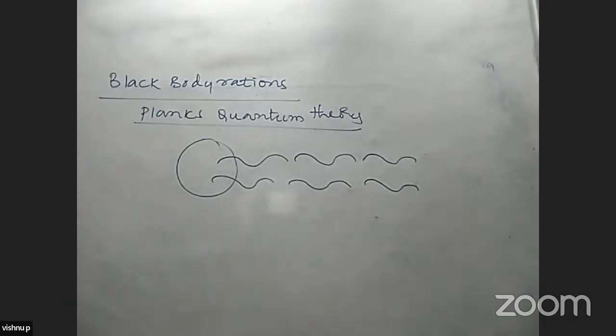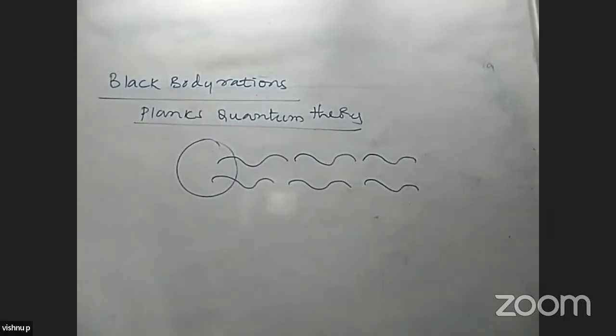How are these radiations emitted? They are not continuous, but are emitted discontinuously. It explains that the atom contains discrete energy levels or orbits.